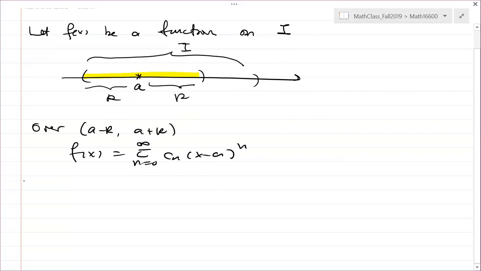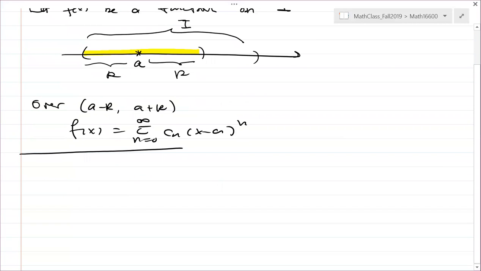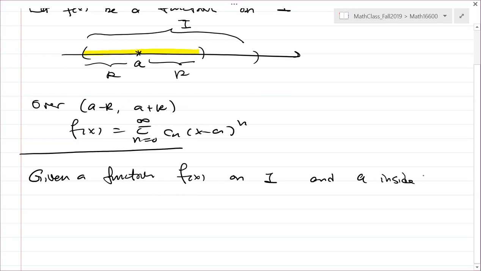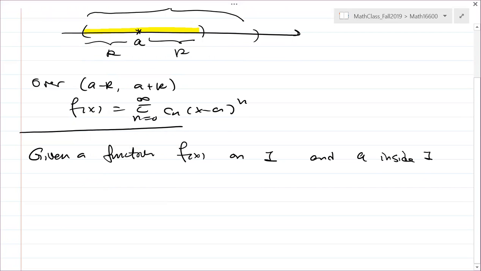Okay, that's the picture. So what we're going to do today: given a function f of x on an interval I, and a point A, an interior point.